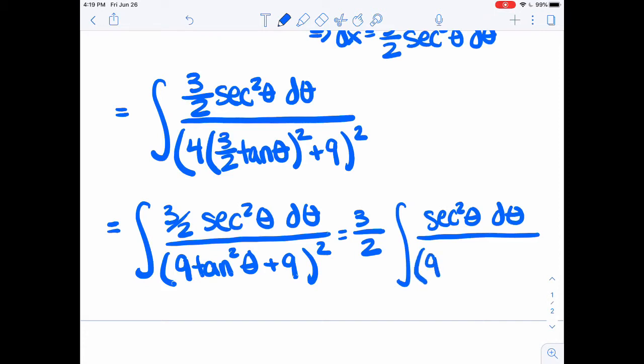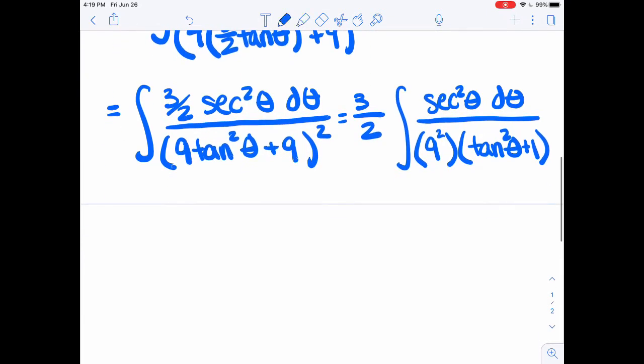So that looks like 9 squared times tan squared theta plus 1. Both of the terms in the denominator here had a 9 in them, so I can factor that 9 out, and then I can square it since it's all squared.